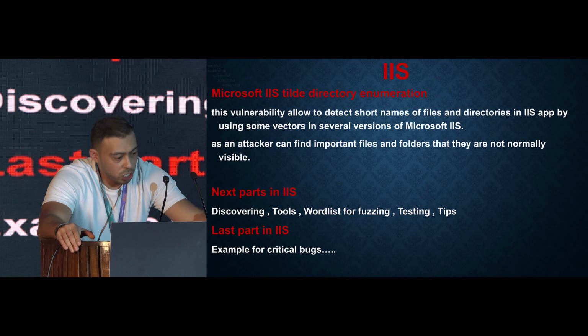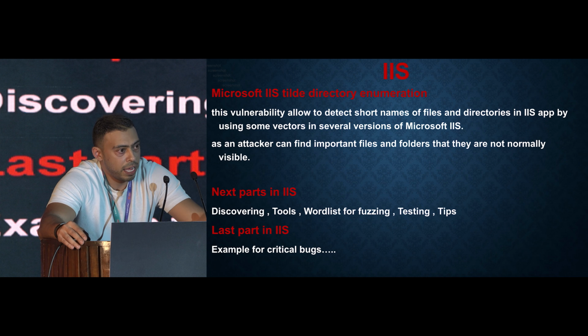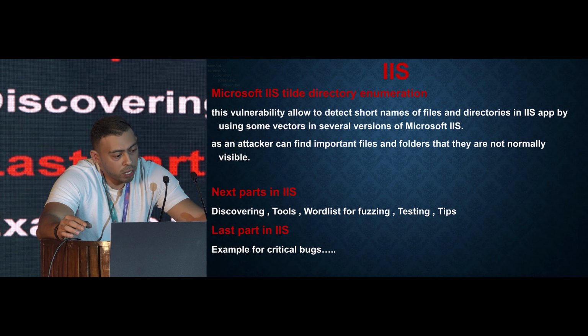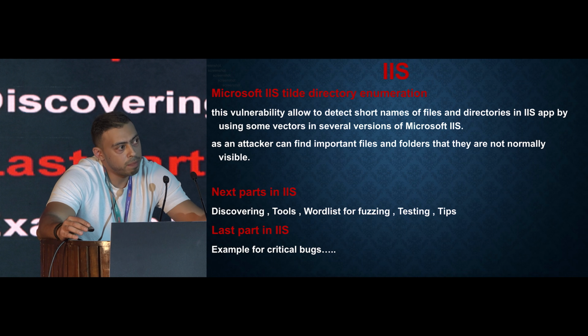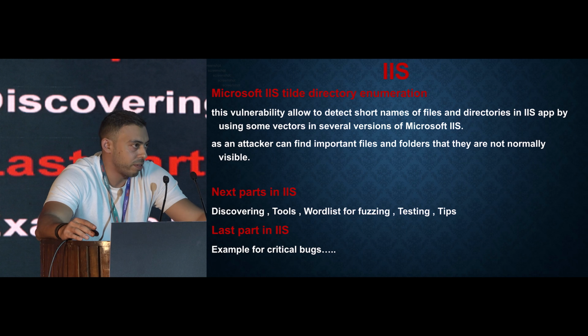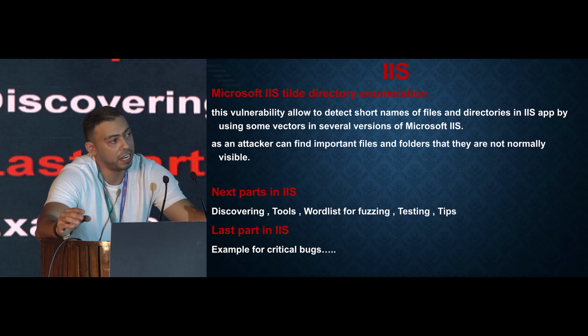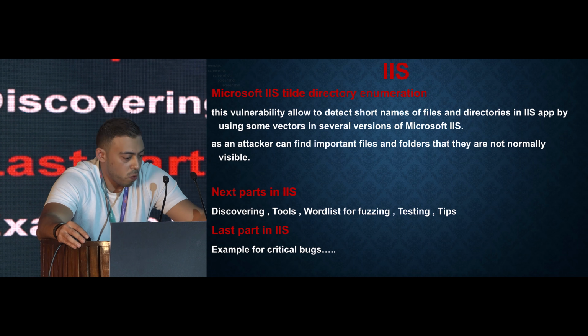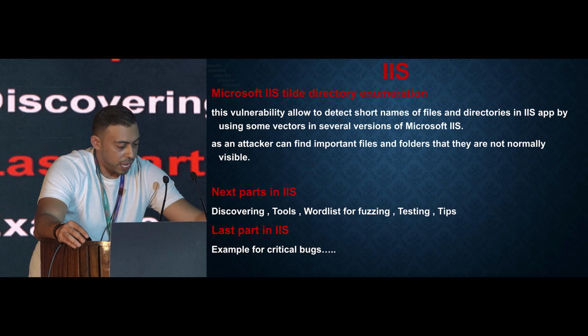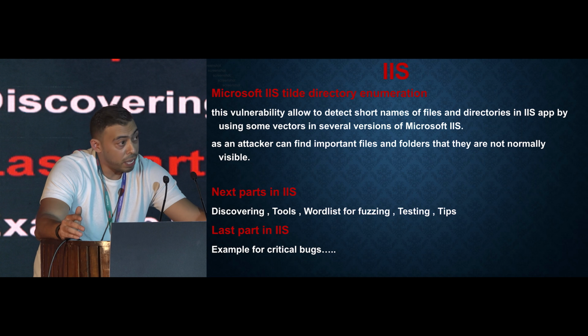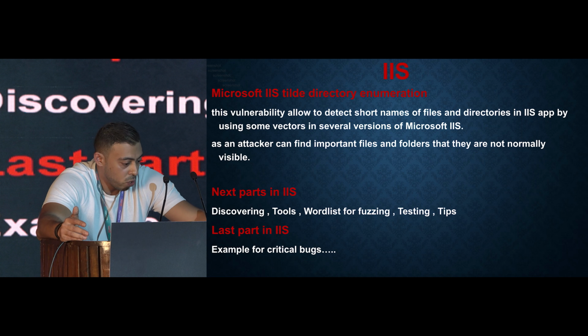So, in general, IIS, we are going to discuss it from a recon part, not from a technical part. We are talking about the vulnerability that is Microsoft IIS tilde directory enumeration. What is it?